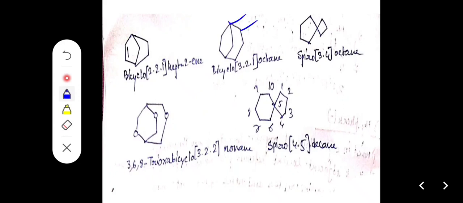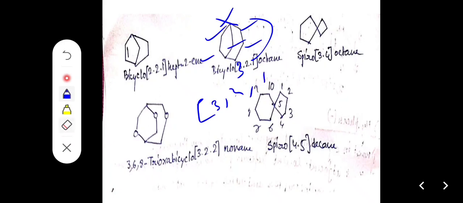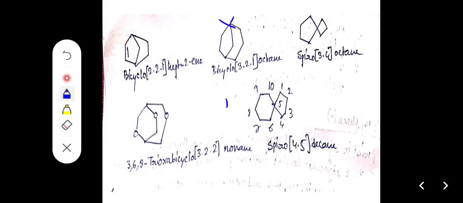I think there was a mistake; we had not considered this side, only this side. So 1, 2, 3 gives 3. Then again 1, 2, which is 2. The last one is this, which is 1. We do not consider these other things.